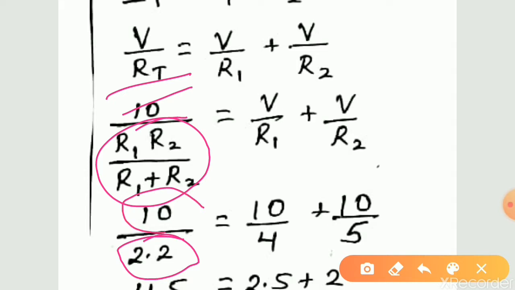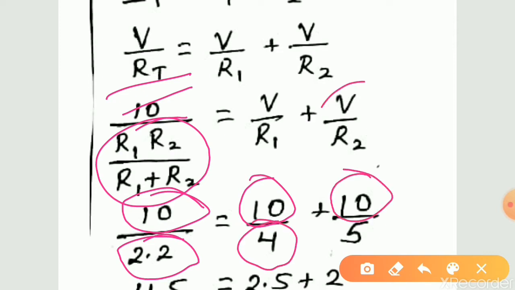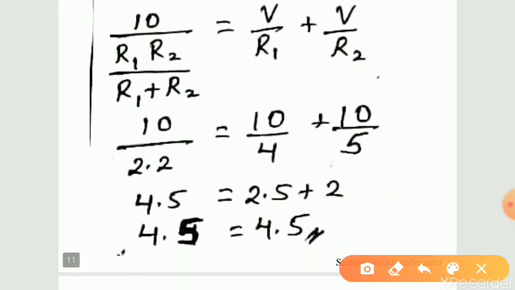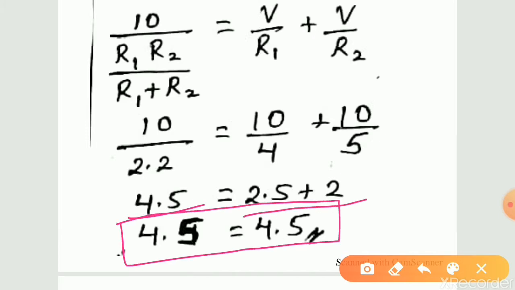Total voltage in the circuit is 10 volt, so I1 is equal to 10 upon 4, and for the second equation, V upon R2, it will be 10 upon 5. On solving, we get 4.5 is equal to 2.5 plus 2, which is 4.5 equal to 4.5 amps. So here we prove the circuit for Kirchhoff's current law.